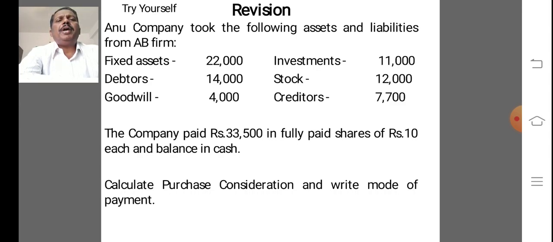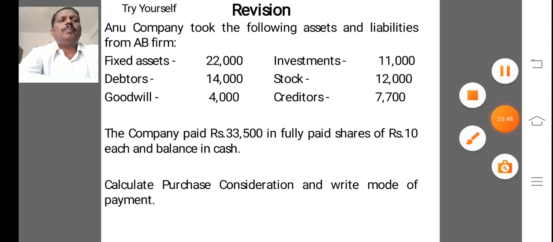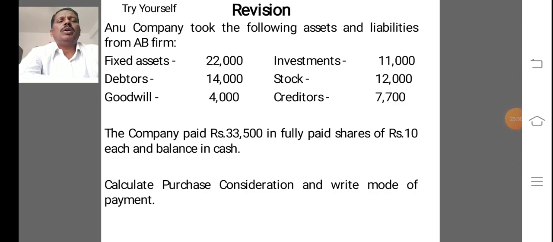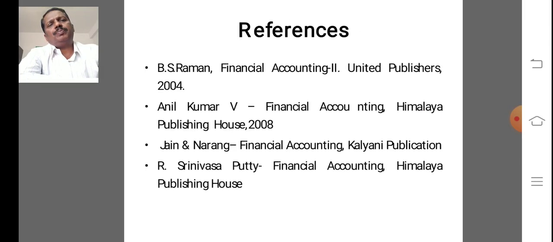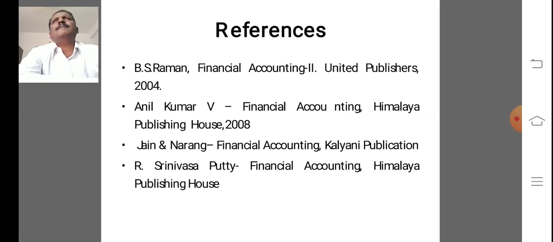The company paid rupees 33,500 in fully paid equity shares of rupees 10 each, and the balance in cash. The question is, calculate PC and write the mode of payment also. These are the references. Thank you very much.